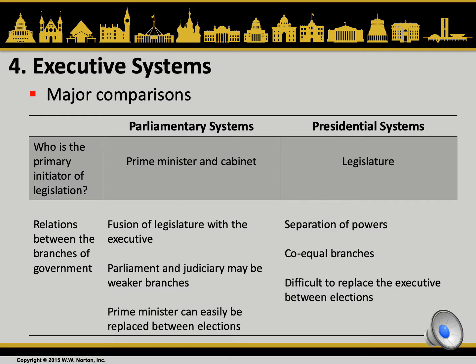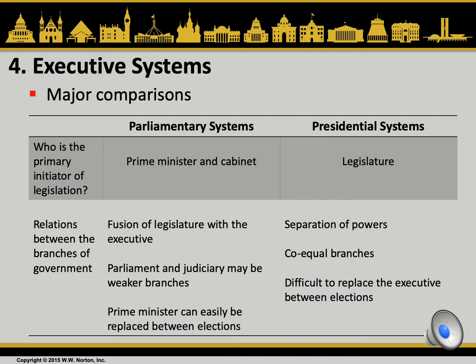In the parliamentary system, because of the fusion, the judiciary may be a bit of a weaker branch, depending on the country. And then the prime minister himself can easily be replaced between elections. We talked about votes of no confidence. Whereas in the presidential system, again, power is really shared amongst co-equal branches who exercise various powers and checks over each other.